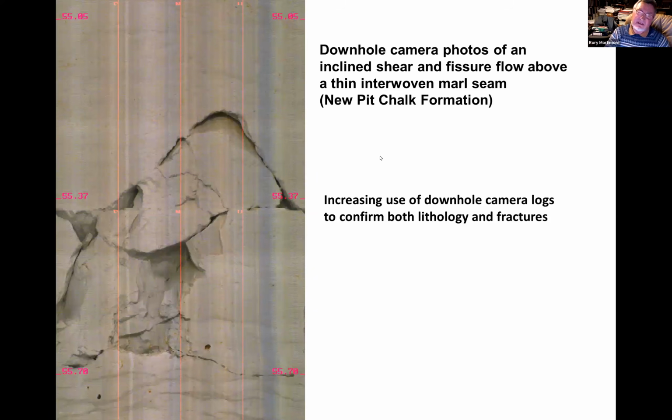And of course, sometimes these days we get downhole camera logs, which are brilliant, and they help us identify these fractures and recognize that they are real, and that you've got groundwater flow along those fracture systems as well.